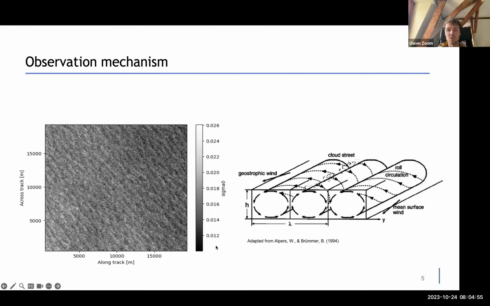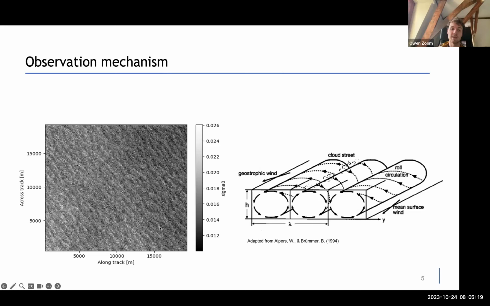If we go to the next image, which is more streaky, it is a similar mechanism, but now instead of plumes, we have these streaks or rolls where the downdraft in a roll-like structure locally enhances the roughness, the brightness, creating a streak of bright, and then half a wavelength away, we have a streak of dark.